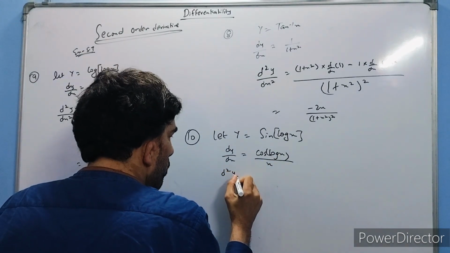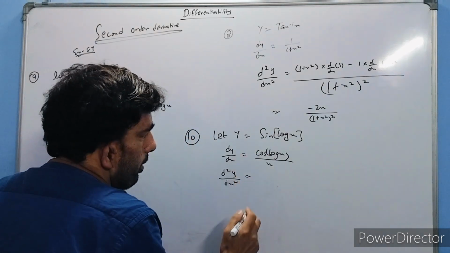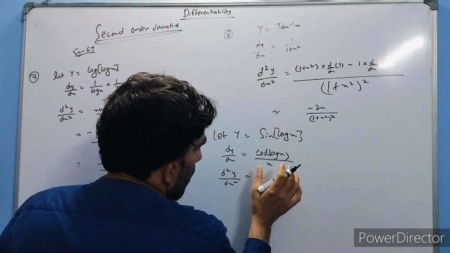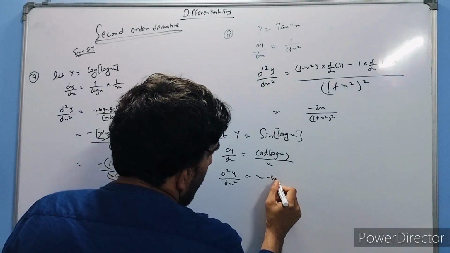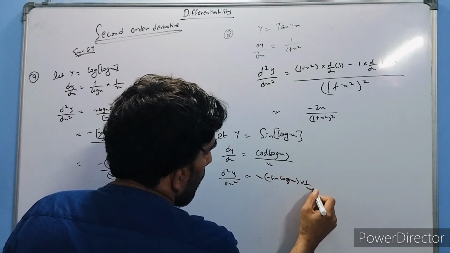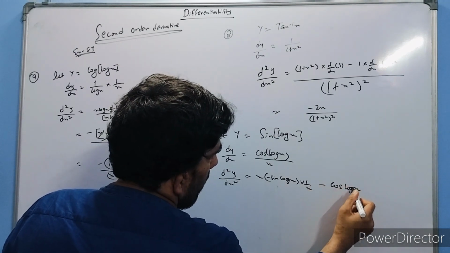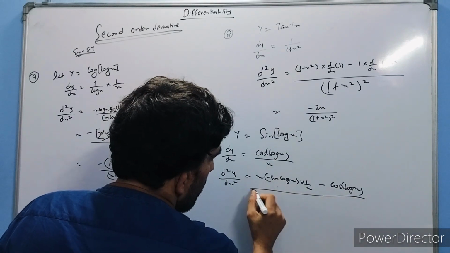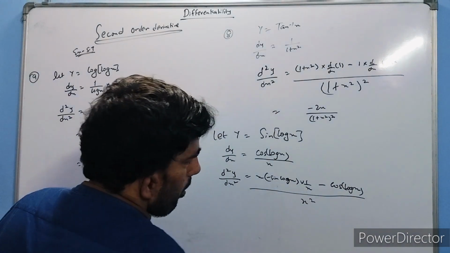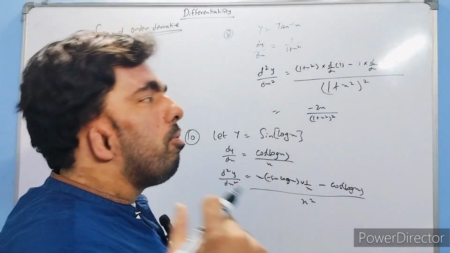Now d2y upon dx square will be the differentiation of this. So x into differentiation of this will be minus sin log x into 1 upon x, minus cos log x, because we know that differentiation of x will be 1. To differentiate this, I have applied the quotient rule, that is u upon v.